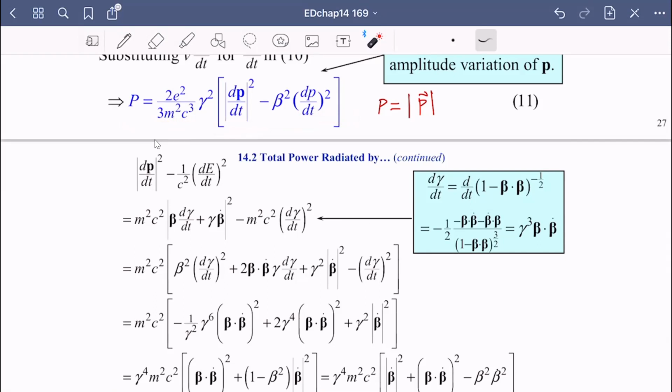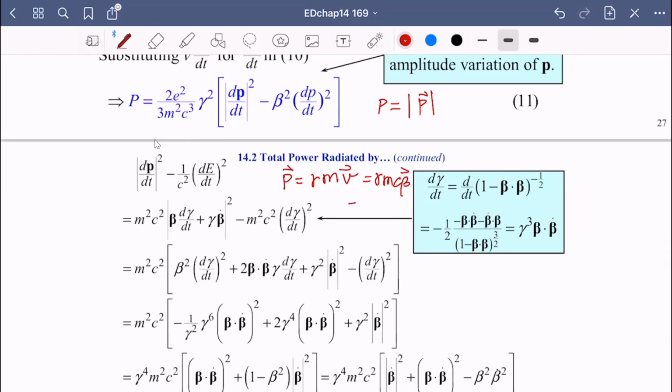And P is here. Remember, P in terms of gamma mv equals gamma mc beta.